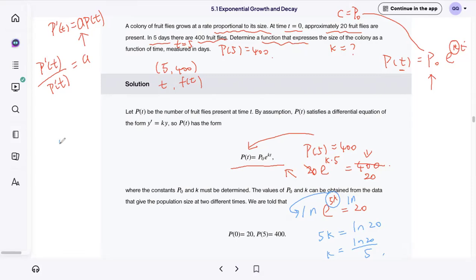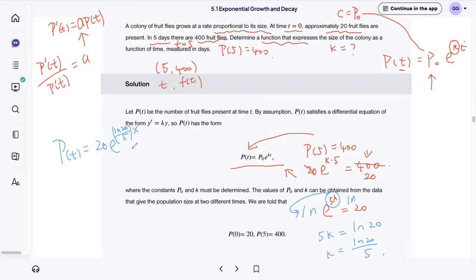So now we can write the function as P of t equals initial value 20, e raised to k, where k is ln 20 divided by 5, times t. Right, so we can write the function like this. We do not need to approximate ln 20, so leave it as ln 20.